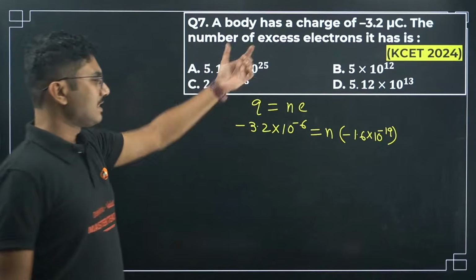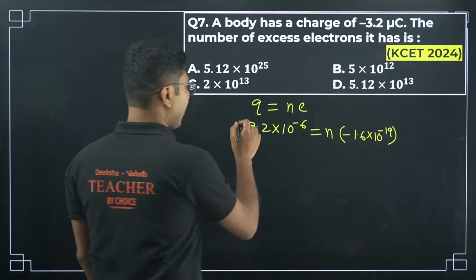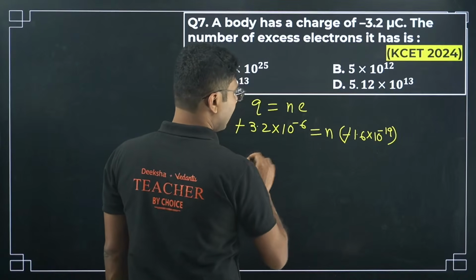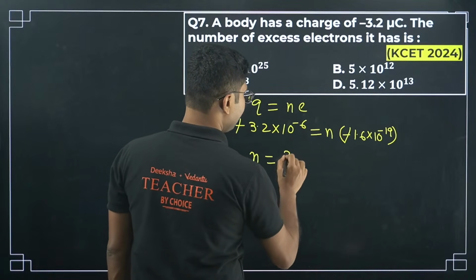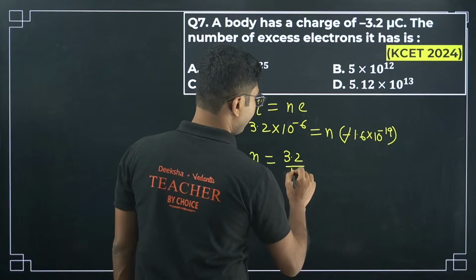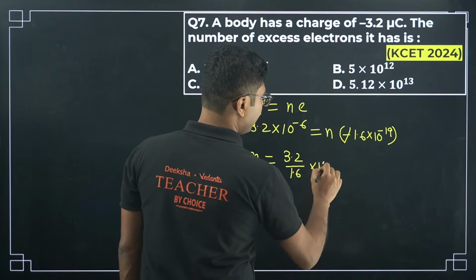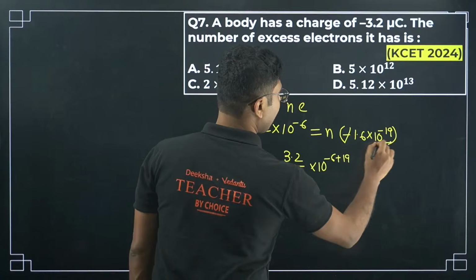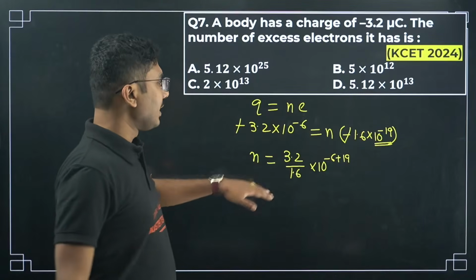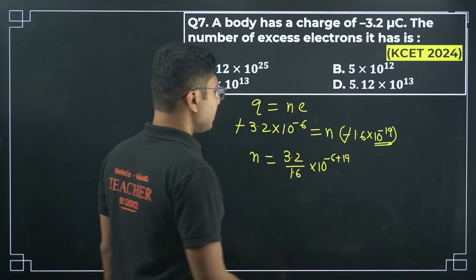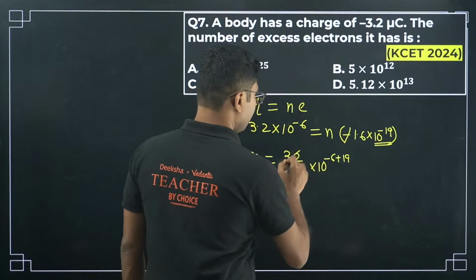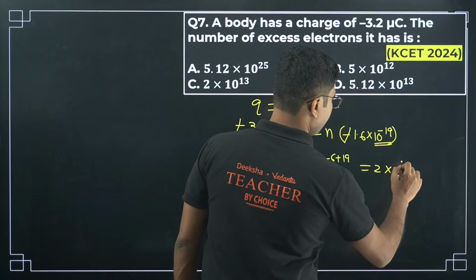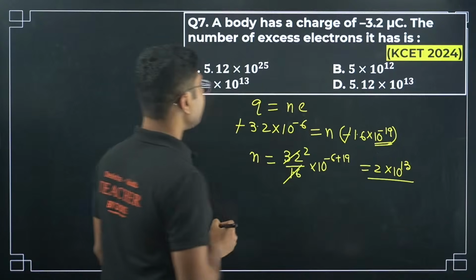Excess electron means the final answer will be positive, so the negative will cancel. Now N is given by 3.2 divided by 1.6 into 10 to the power of minus 6 plus 19. This minus 19, once you divide it, becomes plus. So it will be 2 into 10 to the power of 13.